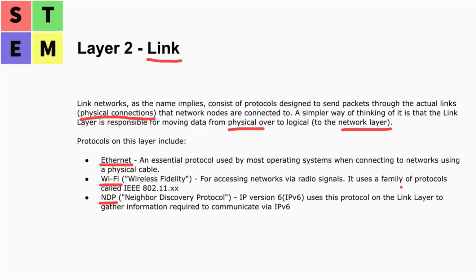In fact, it uses a family of protocols called IEEE 802.11.xx. And there's NDP, the Neighbor Discovery Protocol. IP version 6 uses this protocol on the link to gather the information required to communicate via IPv6. Okay, that's the link layer.